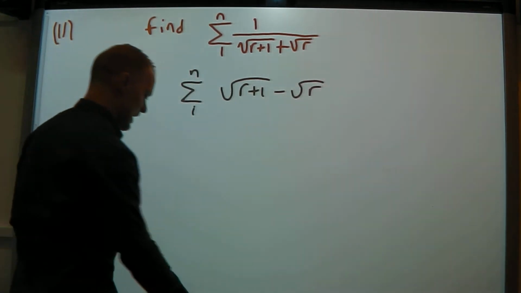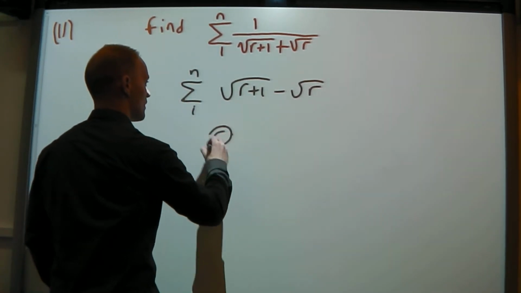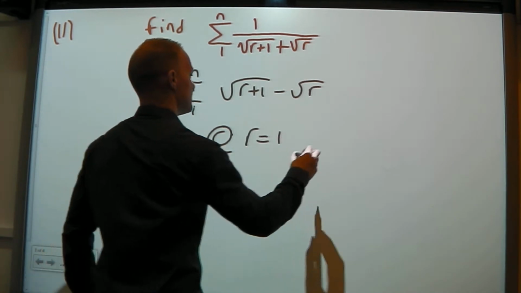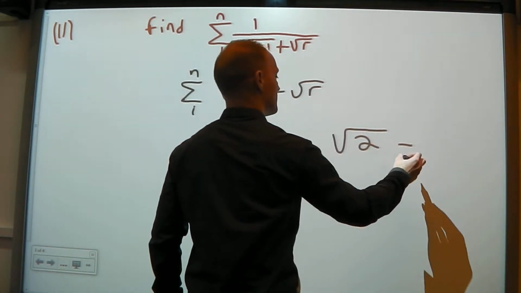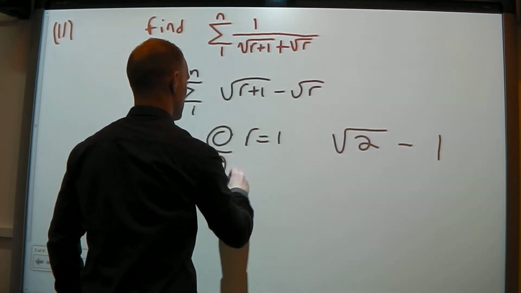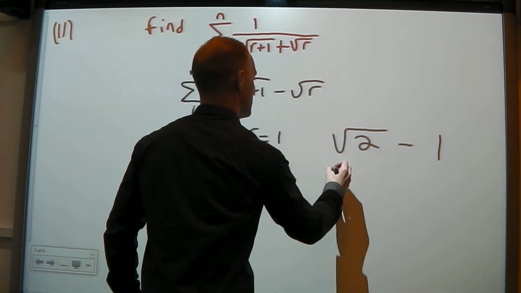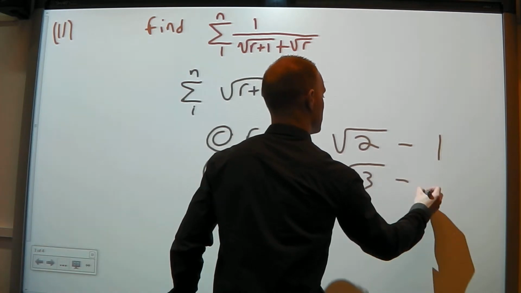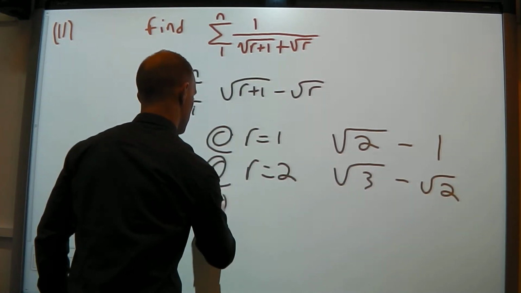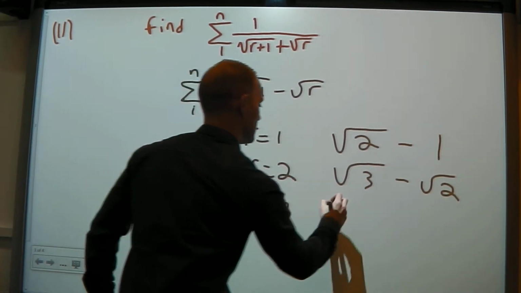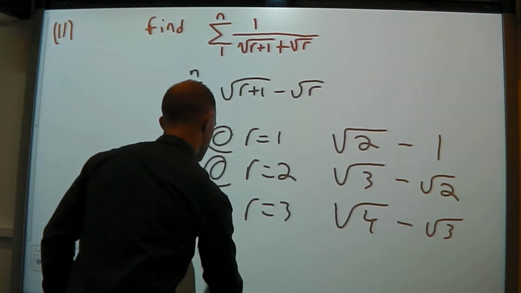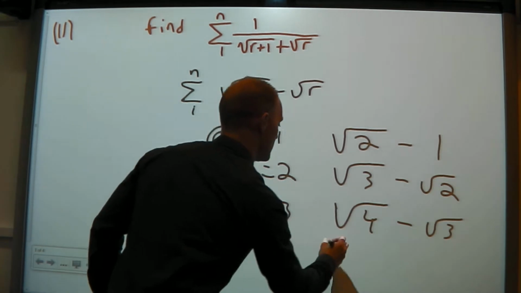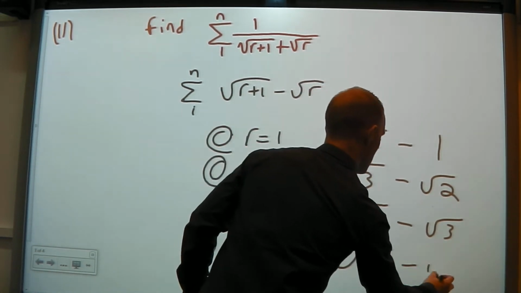So we're going to say at r equal 1, that is root 2 minus root 1, which is 1. At r equal to 2, that is root 3 minus root 2. At r equal to 3, that is root 4 minus root 3. And at r equal to 4, you should be beginning to see a pattern here. That's root 5 minus root 4.